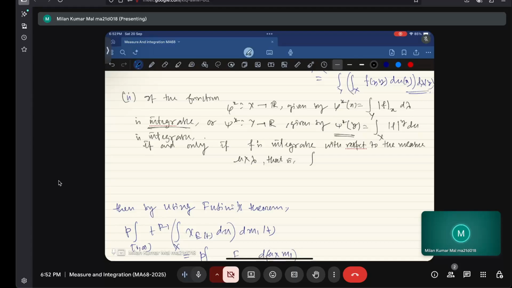That is, the integration over x cross y of mod of f d mu cross lambda is finite.